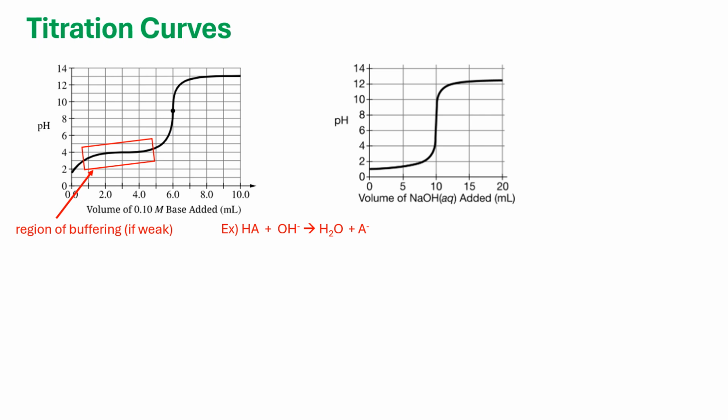But you do also, with a weak acid, have the unionized acid itself, HA, which the added hydroxide can then react with instead of reacting with any more hydronium, and so that's why the pH becomes pretty constant here during this region of buffering.